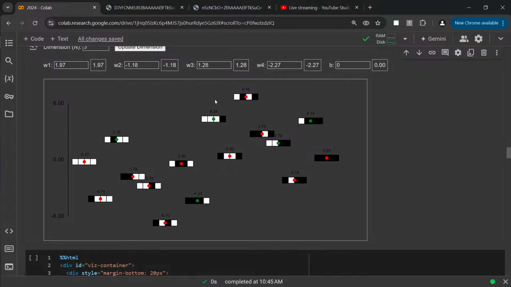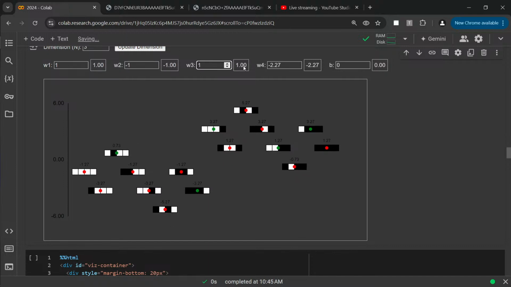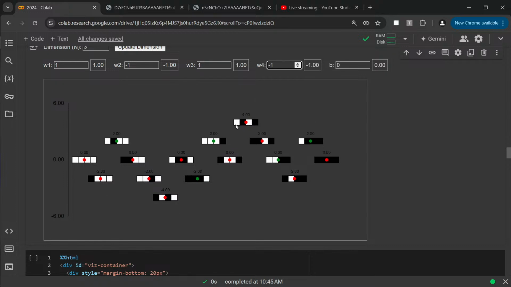Right, I think the main observation is that if you just look at 1, negative 1, 1, negative 1, the corresponding input has the maximal dot product value.